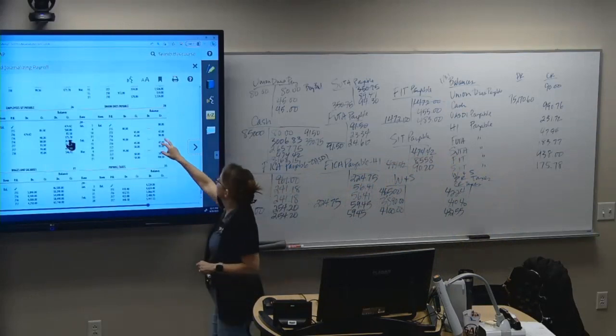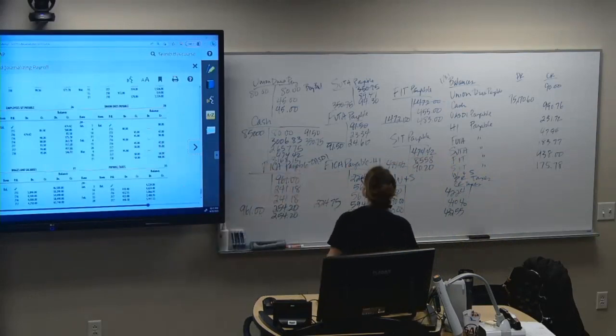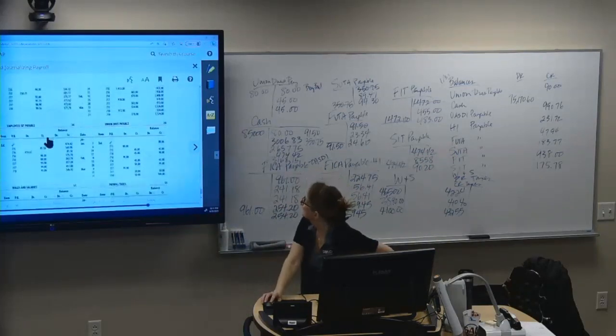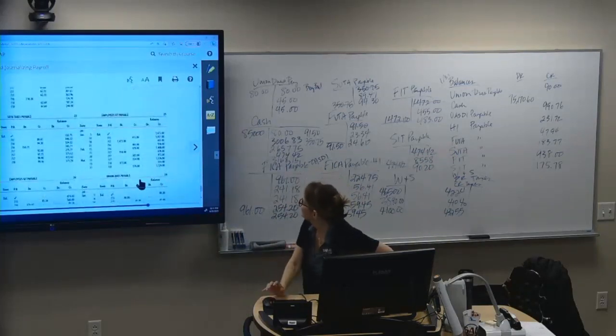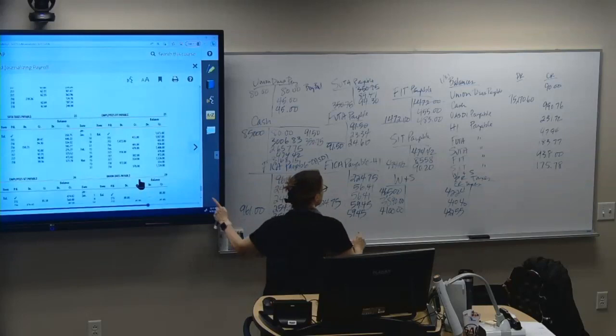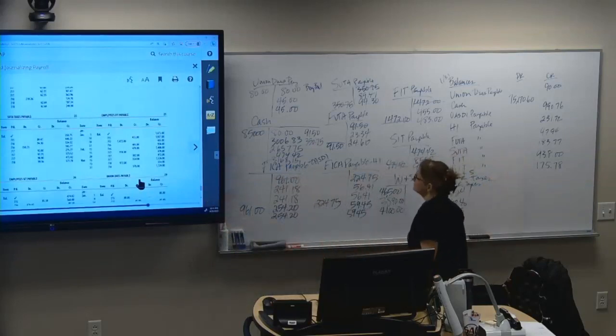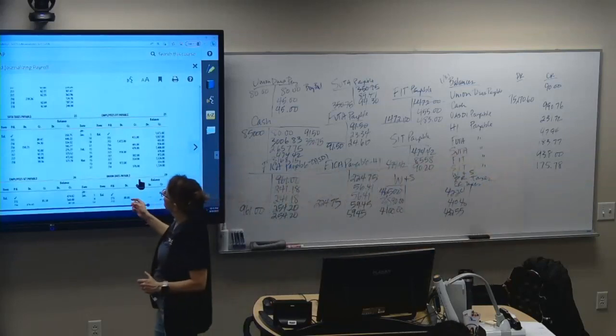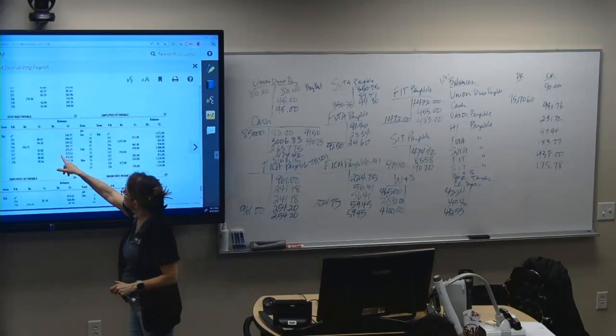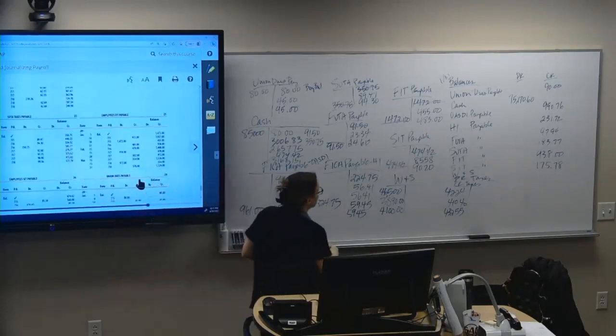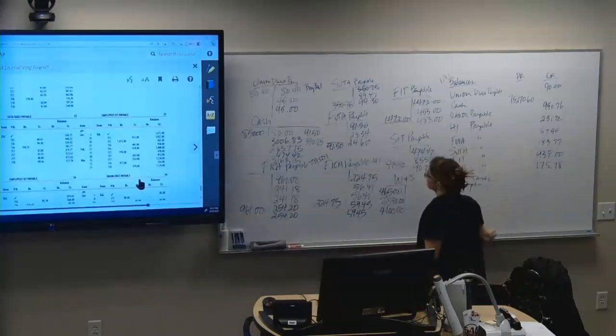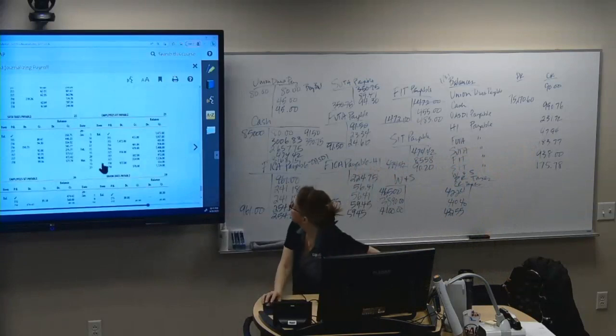Union dues payable, we were at 90. Federal income taxes payable 938. SUTA taxes payable as of the 31st, 183.77.